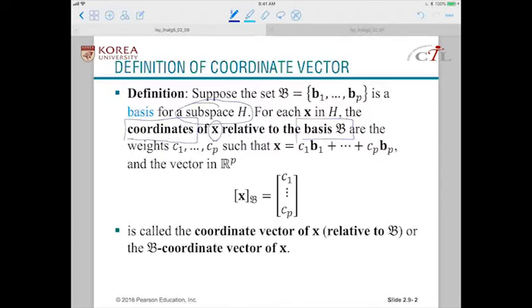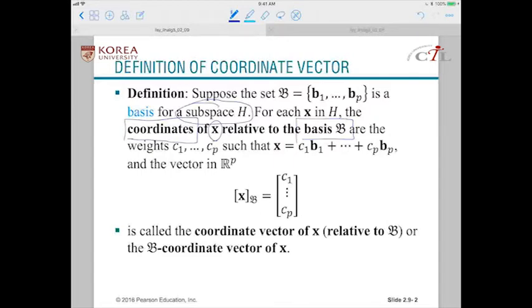Maybe these two vectors can be your basis vectors, right? And suppose you are given one particular vector inside our subspace. And we want to obtain the linear combination representation of that point. Okay, that point. And then the linear combination coefficients are called the coordinates of that vector with respect to our basis vectors. Okay, so what does that mean?